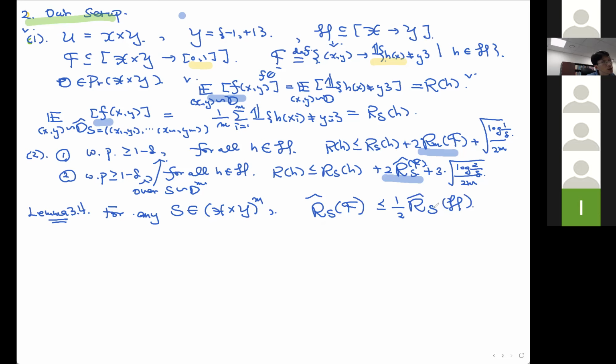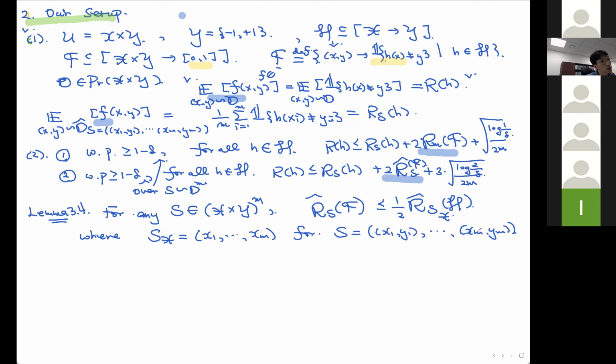But here, when we talk about this S, we are taking only the X projection. So S of X is really just taking X1 through Xn, where we write S as (X1, Y1) through (Xn, Yn).